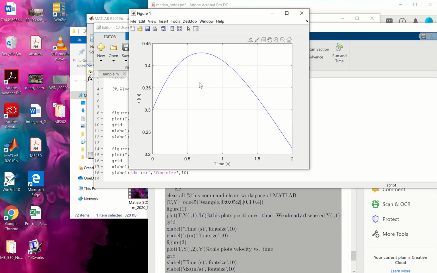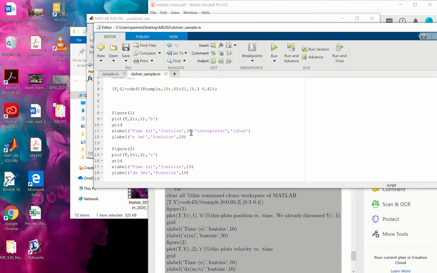See, it's fancier than this font. So I'm going to change it to 50 and I'm going to copy and paste everywhere.